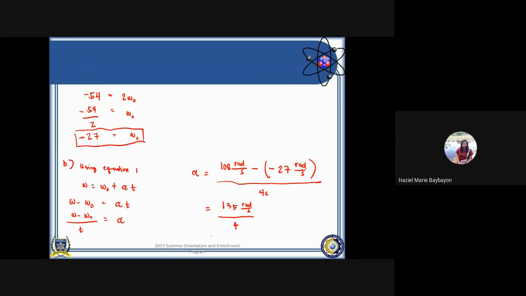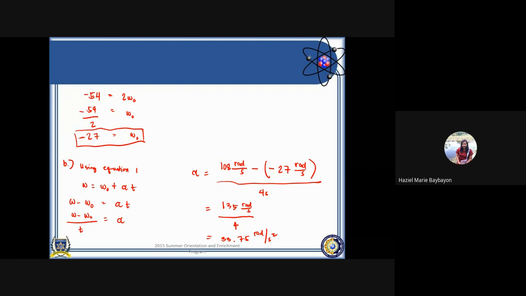Divided by 4, you will get 33.75 radians per second squared.